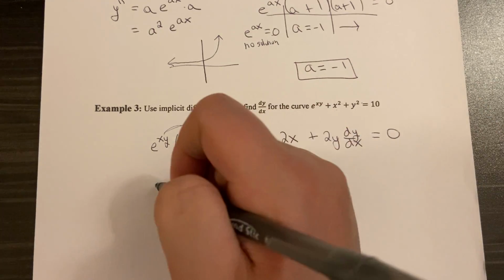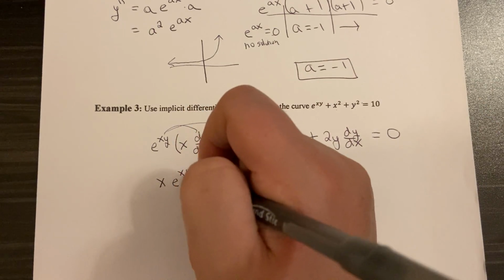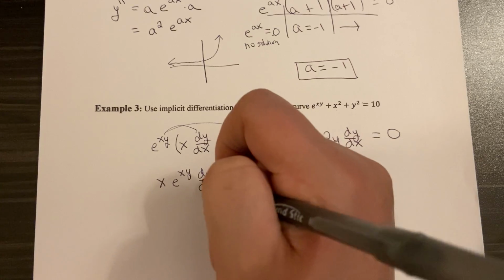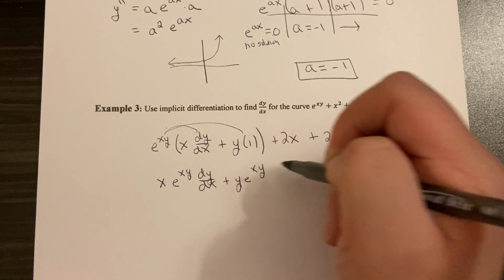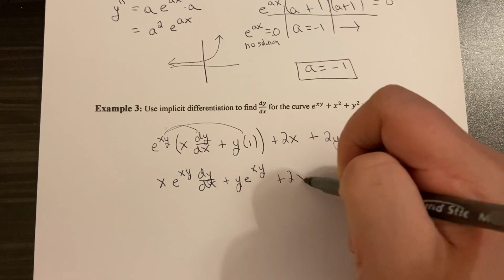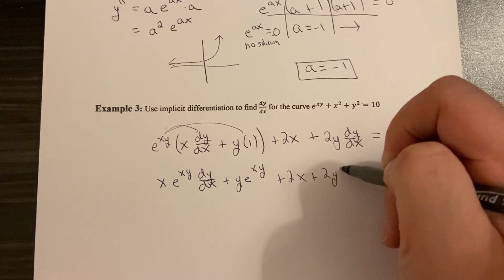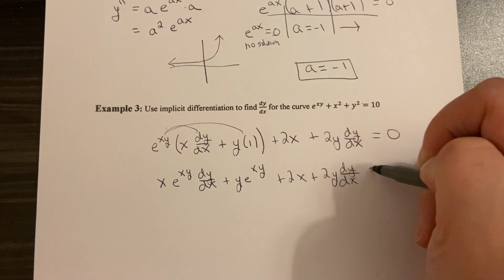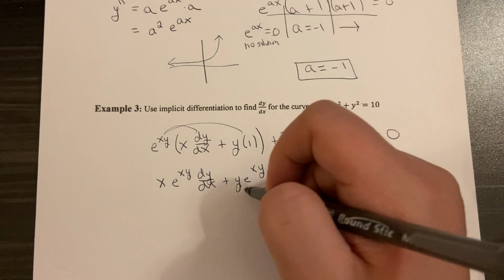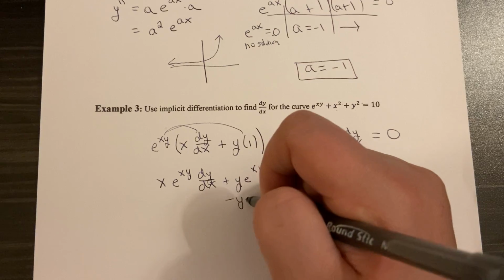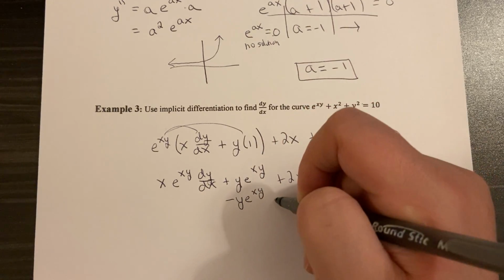So let's see, we get x e to the xy dy/dx plus y e to the xy plus 2x plus 2y dy/dx equals 0. Then I'm going to move everything that doesn't have a dy/dx to the right. So that's this and this.